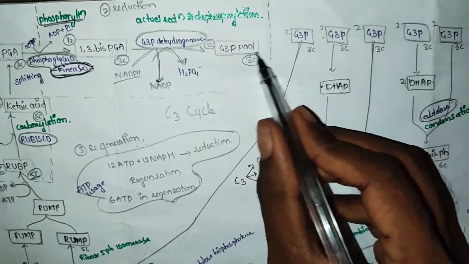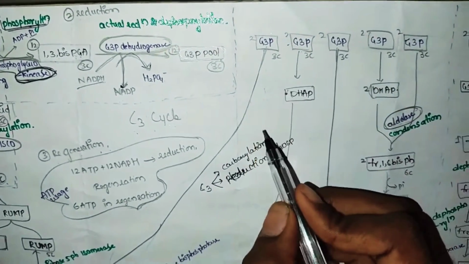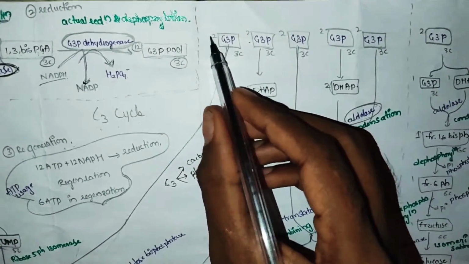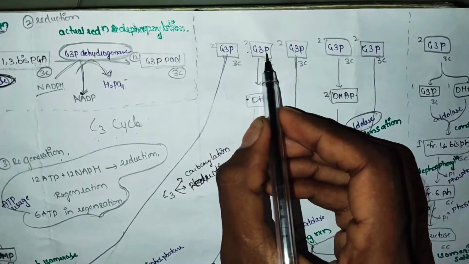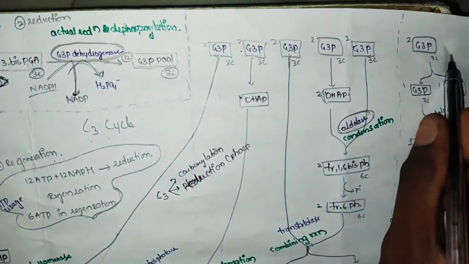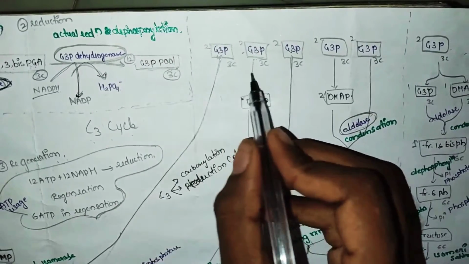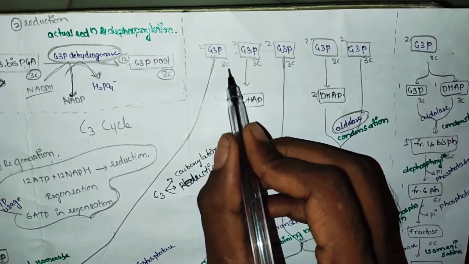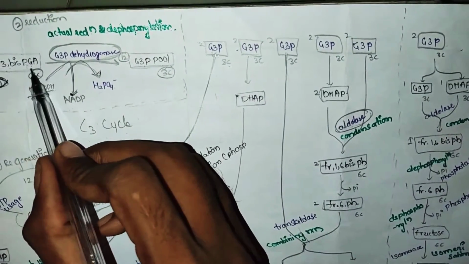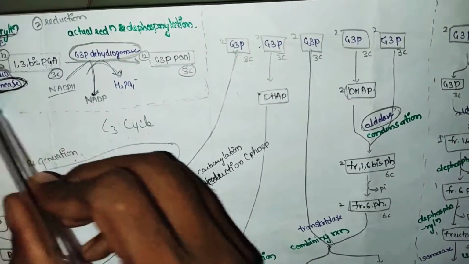Next we have to arrange this for easy understanding. Here, 12 G3Ps are there, 6 pairs, and each G3P is a 3C compound, with 3 carbons. G3P is a triose, 1,3 bis PGA is a triose, and PGA is a triose.